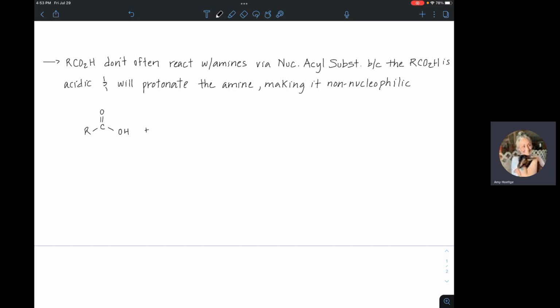So if I take an amine, like just say methylamine, just to keep it small and simple, and let me put the lone pair of electrons on here, I'm going to protonate this using the carboxylic acid, and what you get is just an ammonium carboxylate salt.